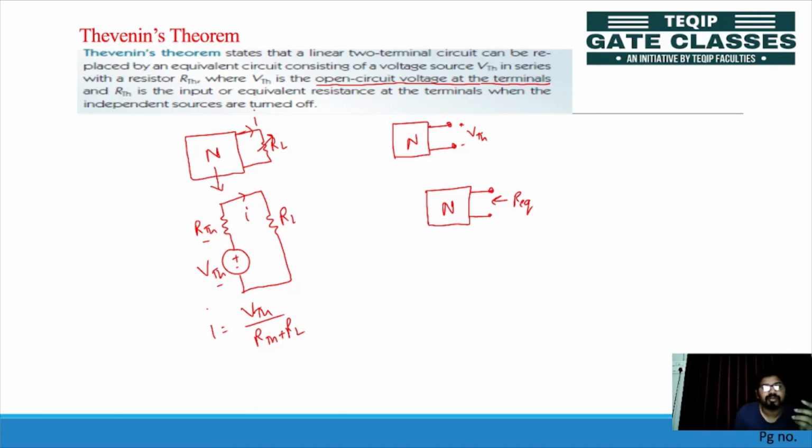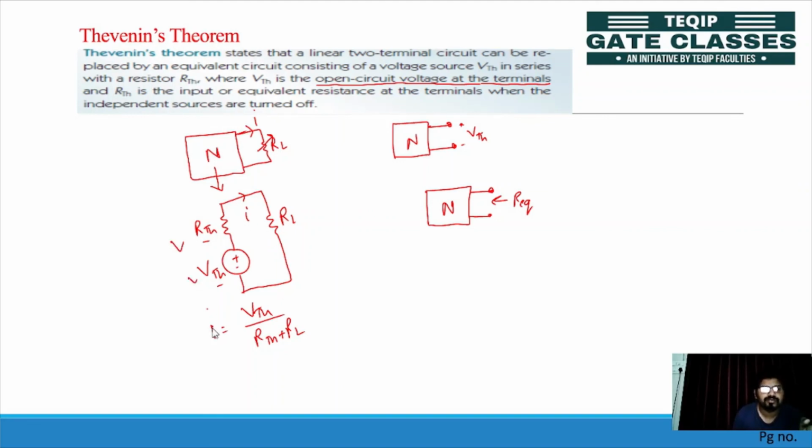But if you are using Thevenin theorem, then you don't have to care about the load. You just open the load and convert your complex network into the Thevenin equivalent. For the Thevenin equivalent, you have to solve your circuit just once and you will get your VTH and RTH.